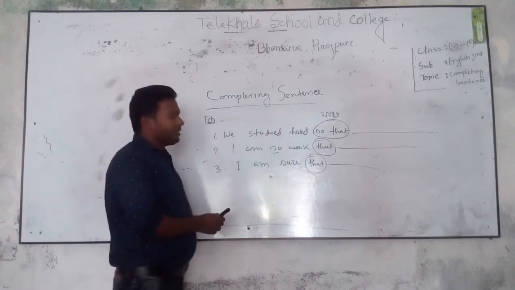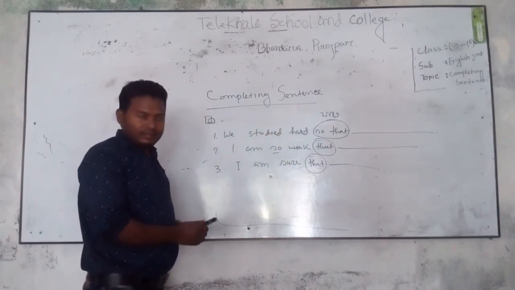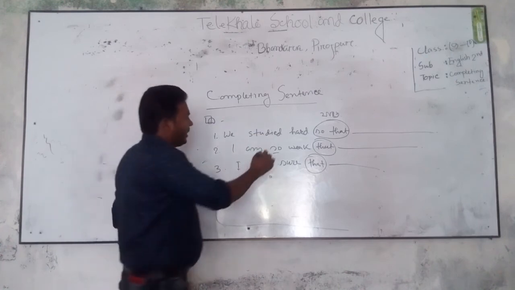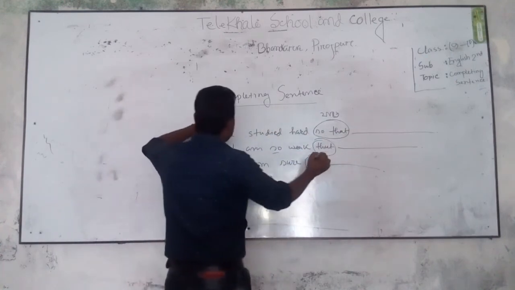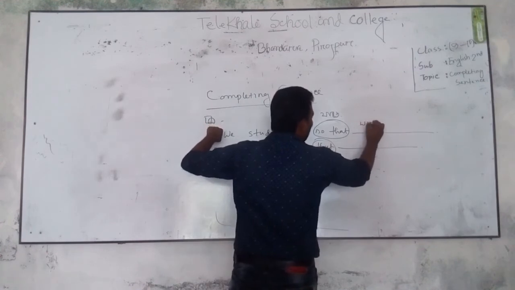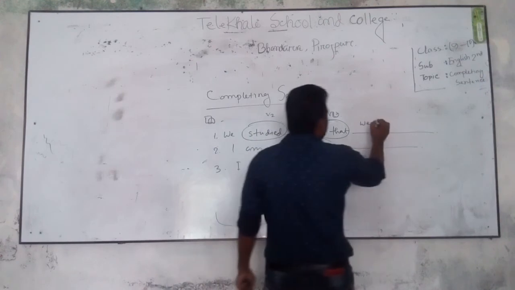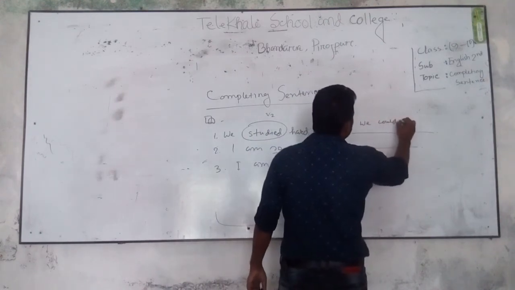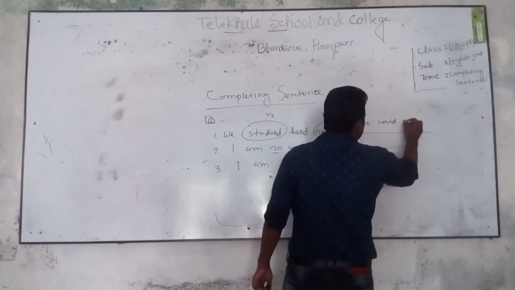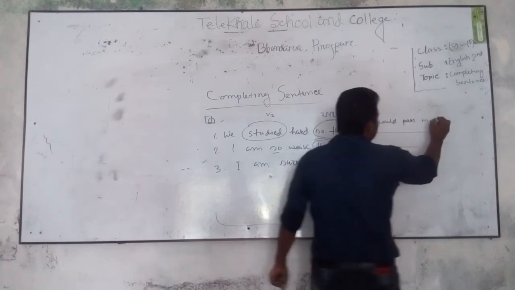So students, you can learn that so that. At first we use the subject, we. This is the past form, V2. So here you can put, we could pass in the exam.